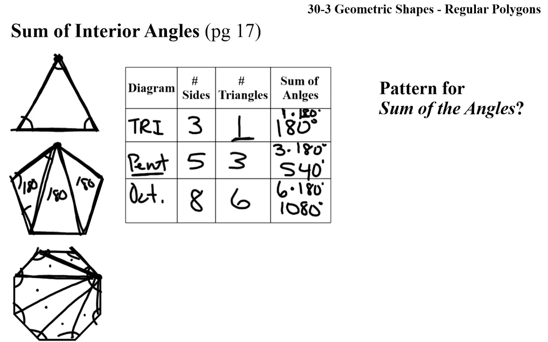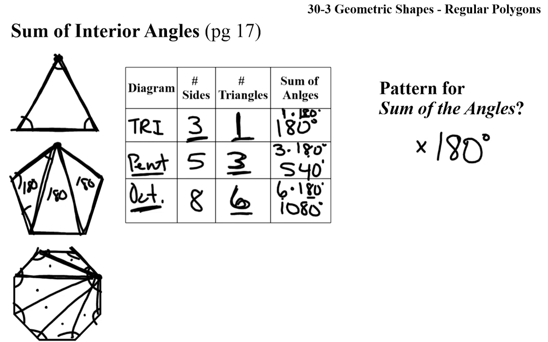The pentagon was 3 triangles times 180. The octagon was 6 triangles times 180. So the question is, do you see a pattern? We have to multiply by 180 degrees, but what do we multiply? Well, look at this. Where does this 1 come from? The 3, the 6, a pattern's developing.